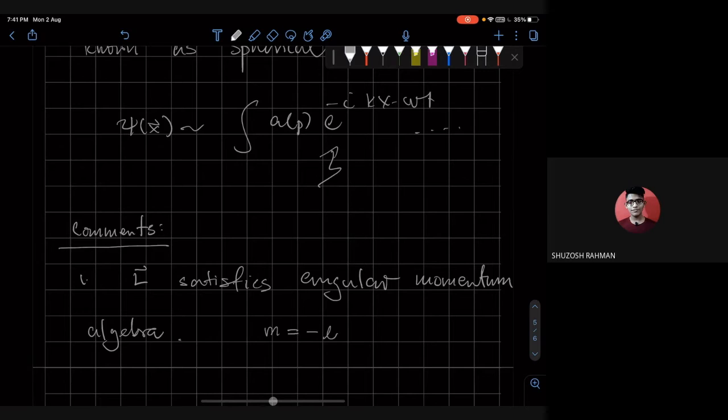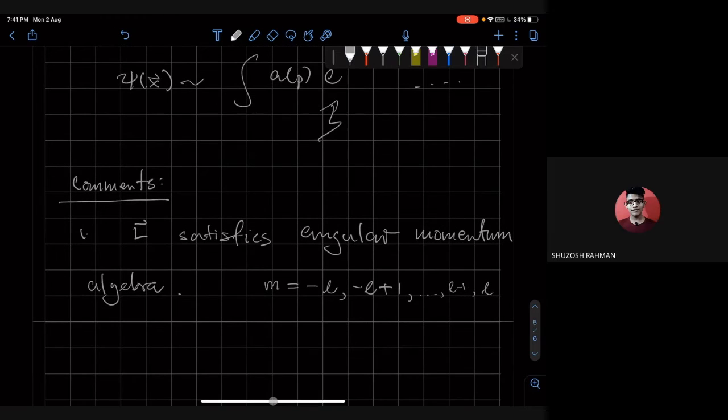If I give you L, then M can go from minus L up to plus L, right? So M takes how many values? 2L plus 1 values, right? So this is something we have proved before.